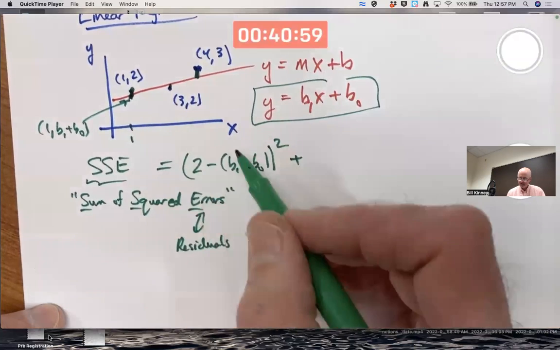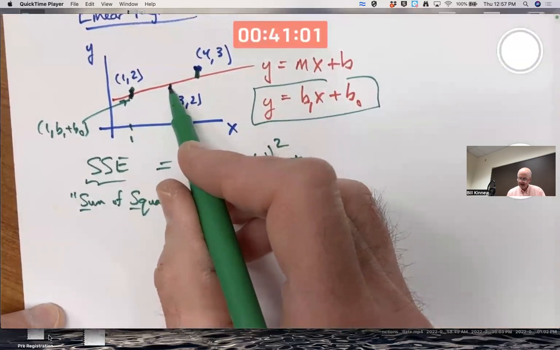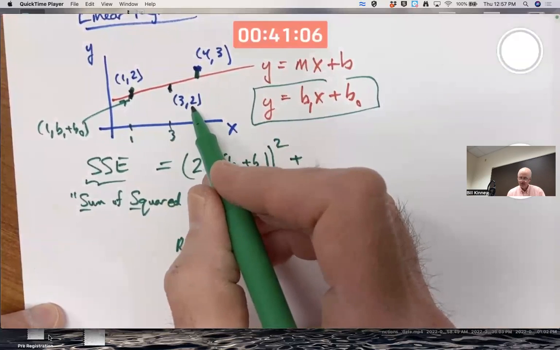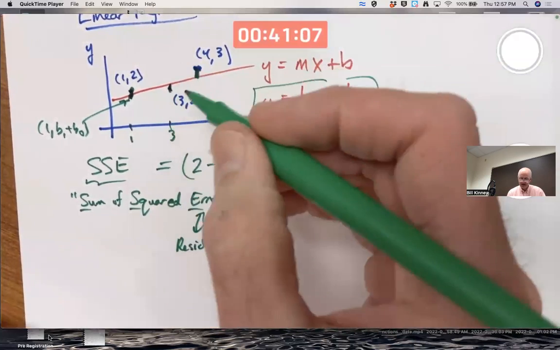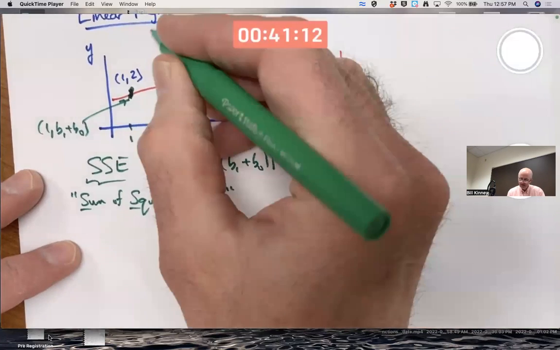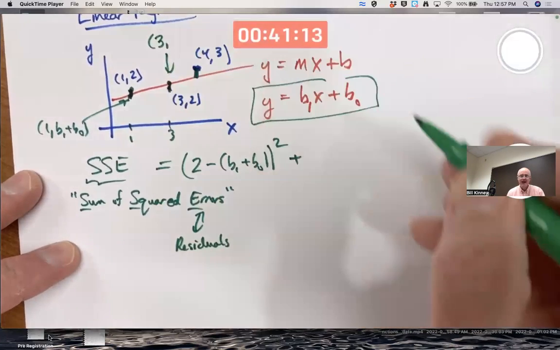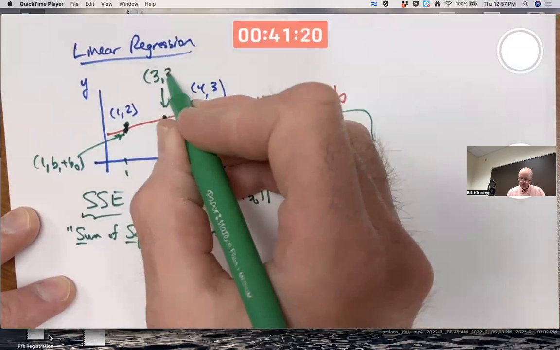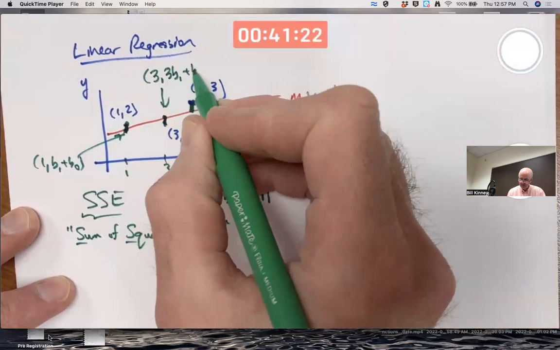For the next point, when x is 3, the y coordinate is 2 for the data point. What about the y coordinate on the red line? Its first coordinate is 3. What's its second coordinate? Plug 3 into the unknown equation in place of x: 3b1 plus b0.